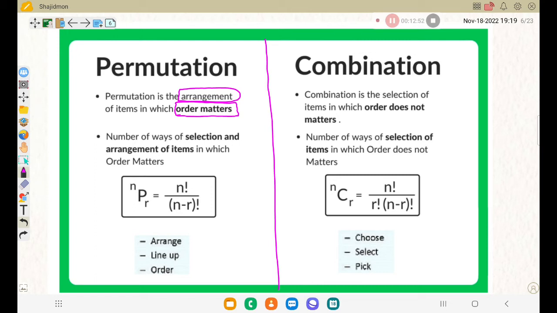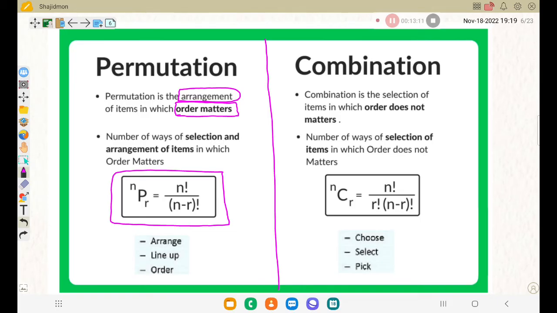Now what is the rule for finding the permutation? P(n,r), a total of n objects taking r at a time, equals n factorial divided by (n minus r) factorial. We discussed this in the recorded class 4.3.1, correct?